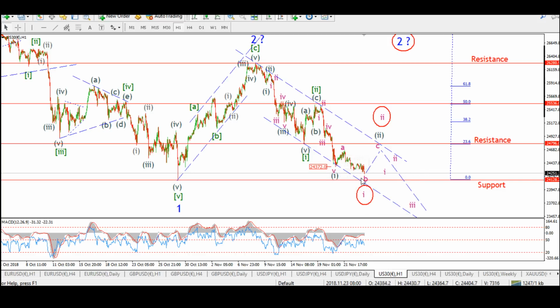We've got a possible A, B, and C in wave 2. This could be an expanded flat wave 2. If that's the case, you should see a run up in a C wave early Monday, possibly towards the end of Monday, into resistance at about 24,800, and then we would see a decline into a third wave.